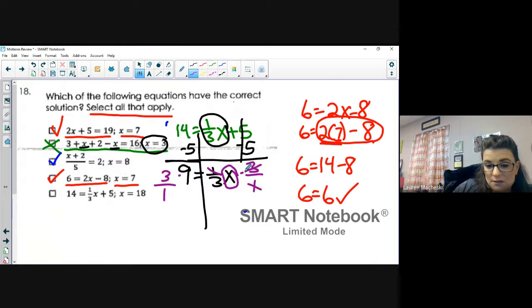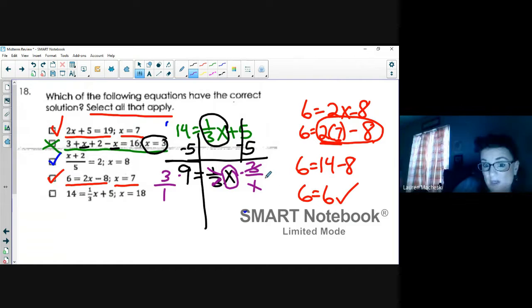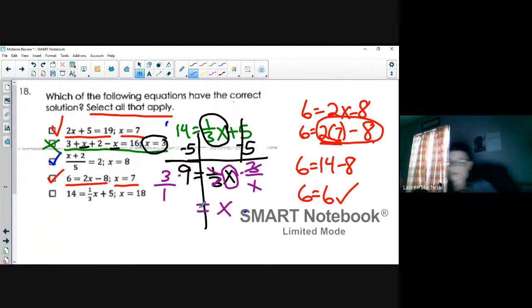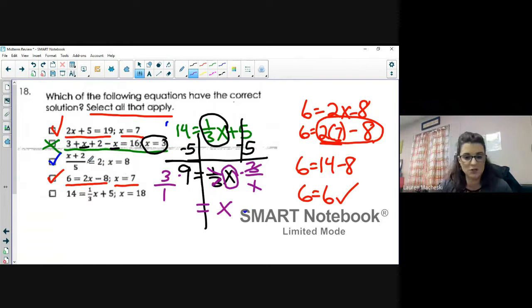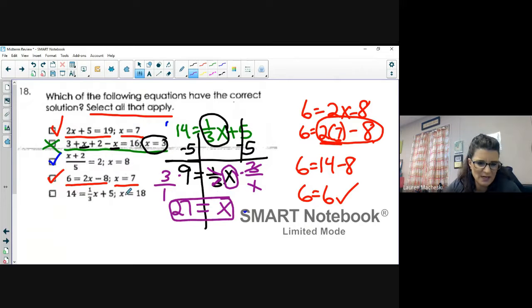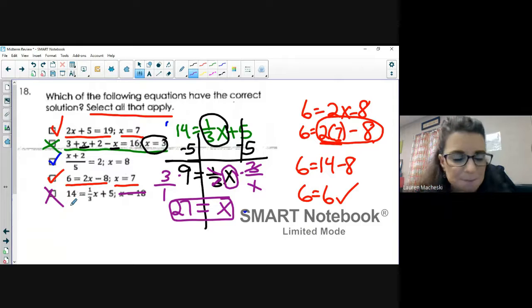Any fraction times its reciprocal simplifies to 1, and 1 times x is x. And then 3 times 9 is 27. So x equals 27, which they told me x equals 18. So I guess that is not going to work.